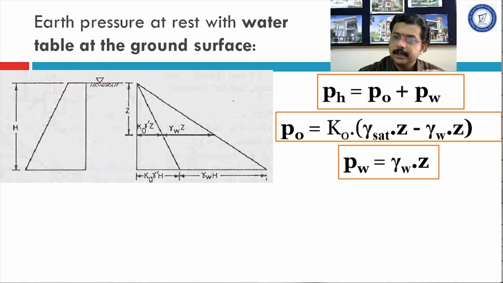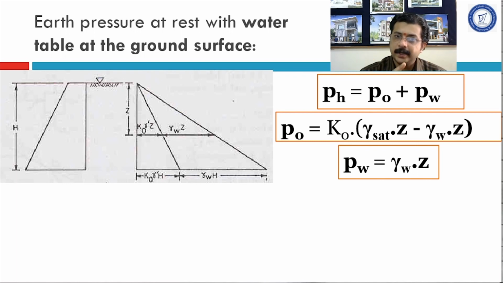Okay, alright. So gamma saturated minus gamma W will give us gamma submerged. As we know, pressure due to water is equal in all directions, but pressure due to soil is not equal in all directions, because water does not have shear strength, whereas soil will have shear strength.